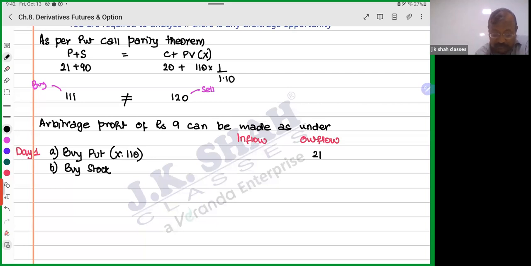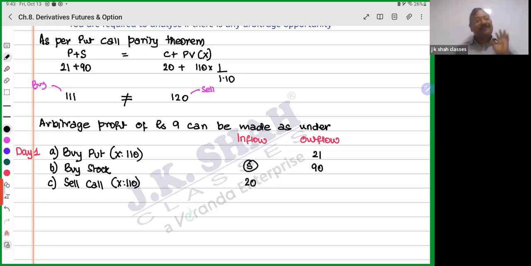When you buy stock, yeah. Fair? Inflow of, and fair? Okay, wait. Borrow PV of X. Okay, ये तो, but understand.